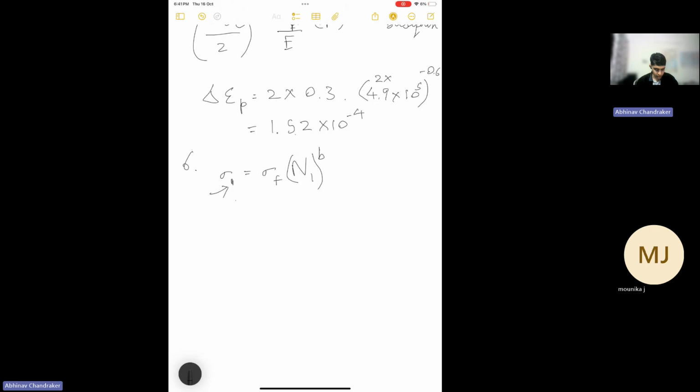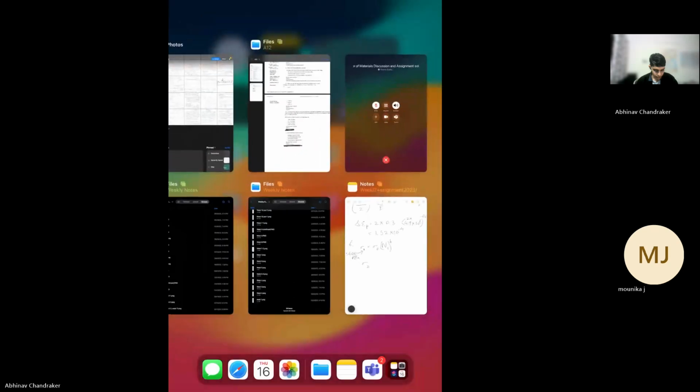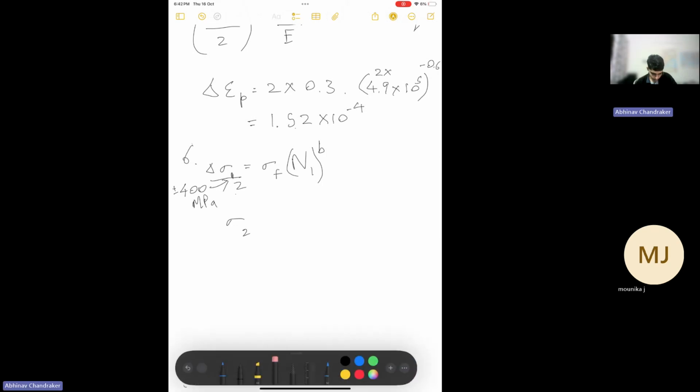Here 1 corresponds to plus minus 400 MPa loading. Sigma 2 is also, I think here we have to put delta sigma 1 by 2. Let me write it properly.